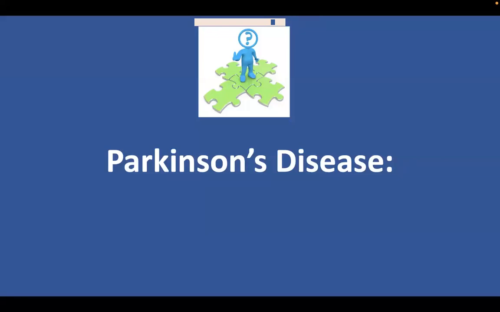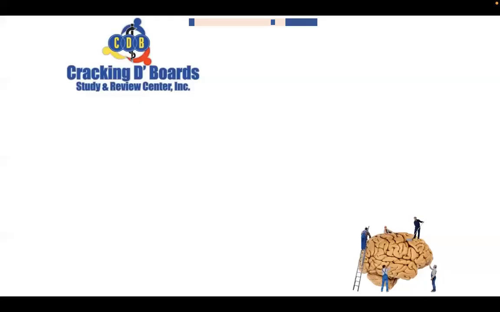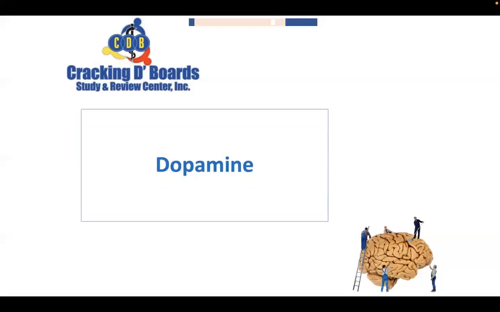Now, in Parkinson's disease, what neurotransmitter is involved? So this is, of course, dopamine.